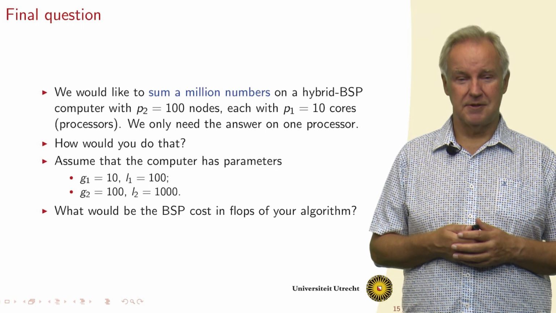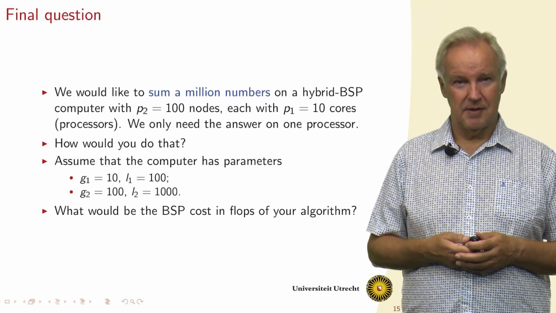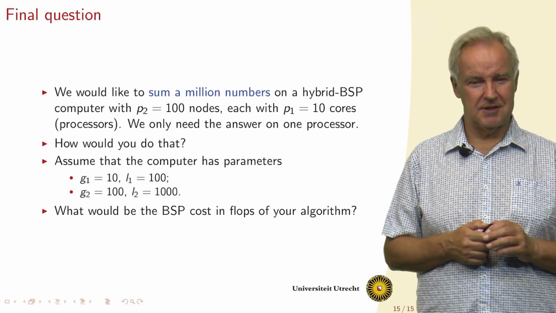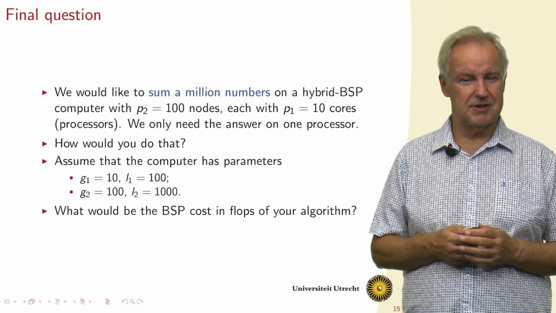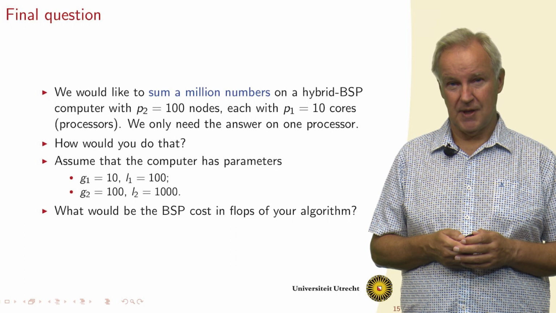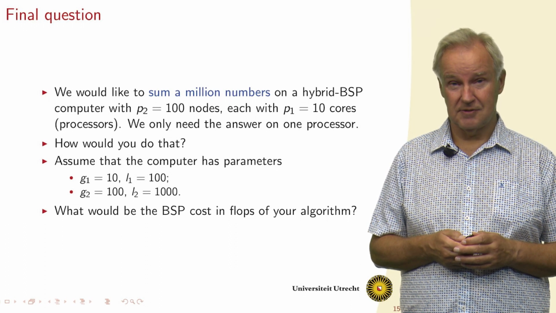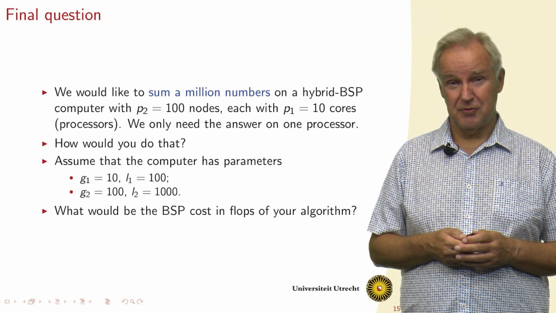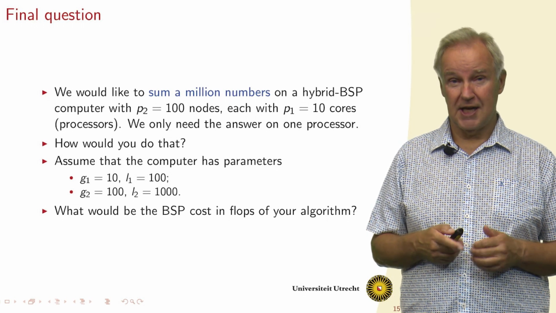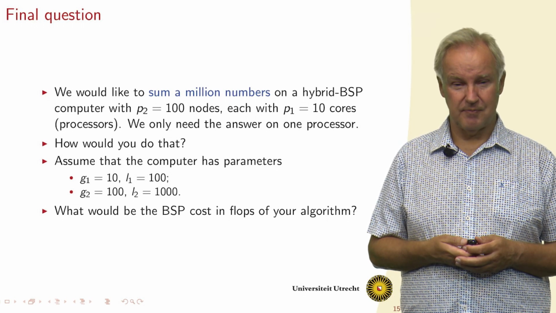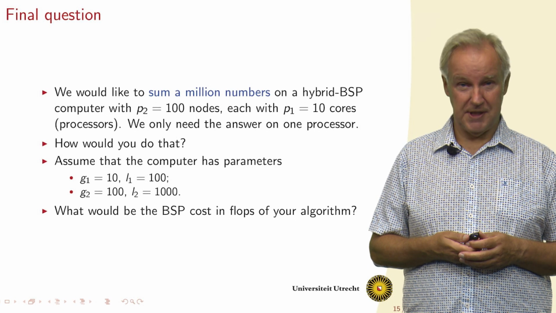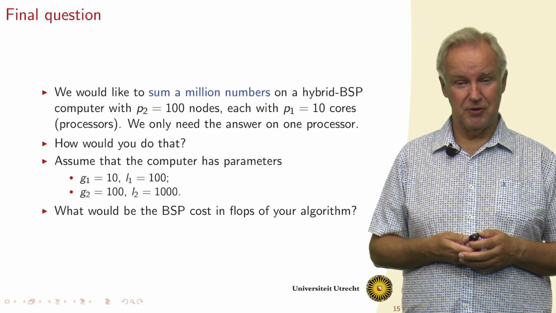How would you do that? Now, if you assume that the computer has the parameters g1 is 10, l1 is 100, and the parameters g2 and l2 are 10 times higher, what would the BSP cost then be of your algorithm?